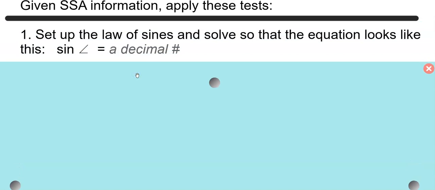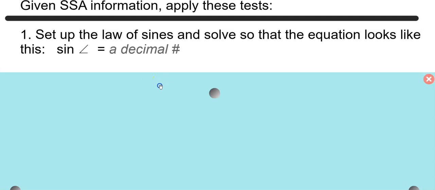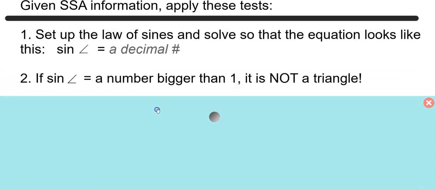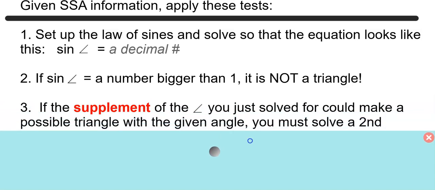The first step is to set up law of sines and solve. So the equation looks like this: sine of an angle equals some decimal. You want to just get to that point, not actually solving for the angle yet. If the sine is bigger than 1 or smaller than -1, it's not a triangle, so you can just stop. You're done with the test. If the sine is between -1 and 1, you will have at least one triangle.